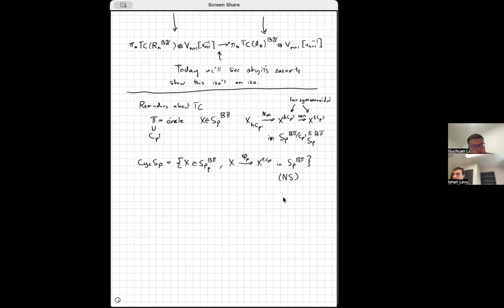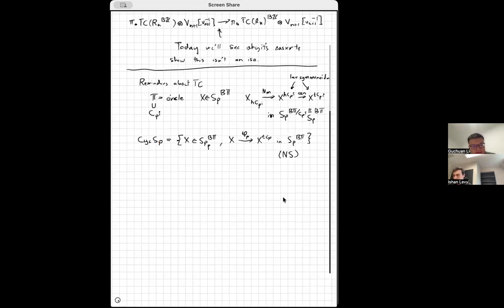The key point is that TC is constructed, in some sense, using this category in the following way. If you start with an algebra in spectra, just an associative algebra, there's a functor called THH, which lands inside cyclotomic spectra.